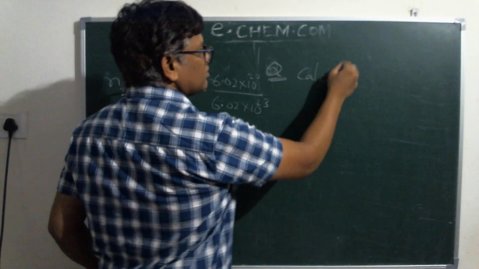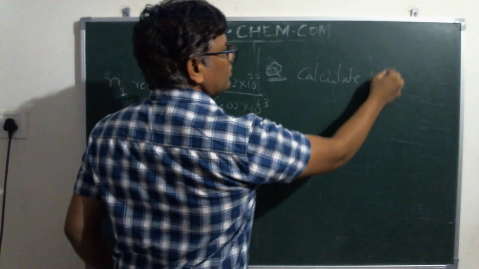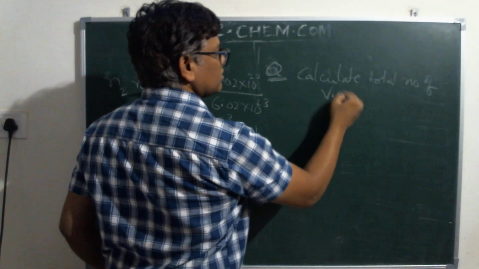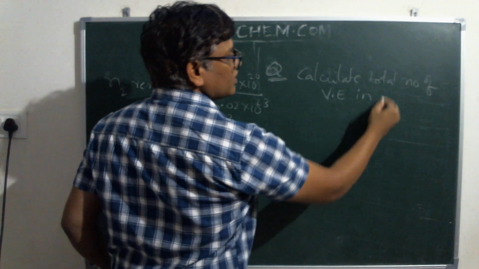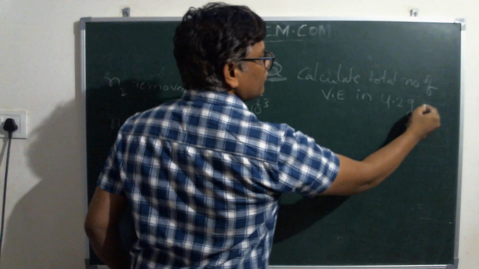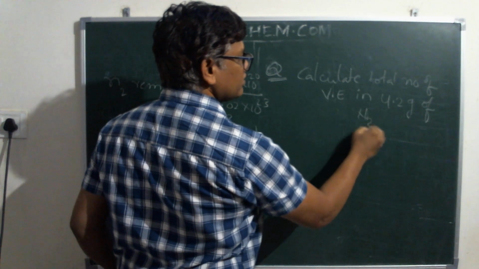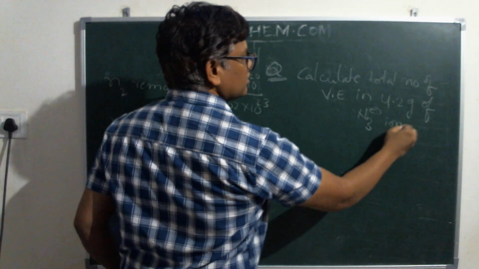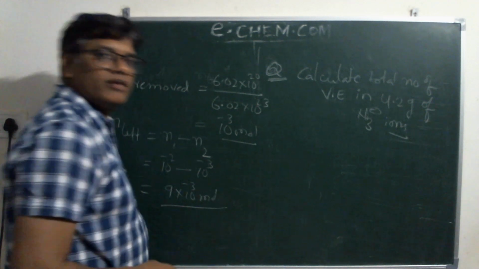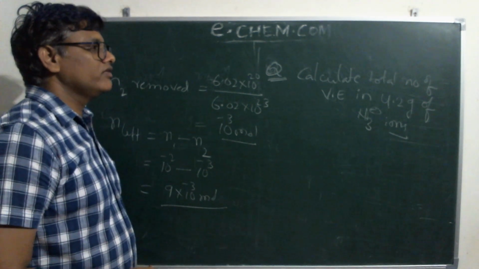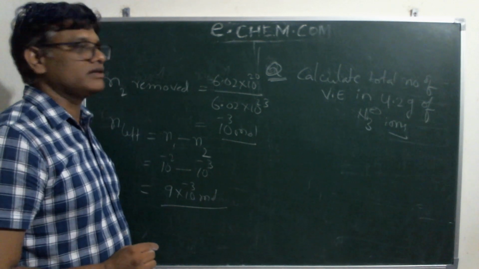Calculate the total number of valence electrons in 4.2 grams of azide ions, N3 minus ions. This is the question being given. I need to calculate the number of valence electrons from the given 4.2 grams of azide ions.